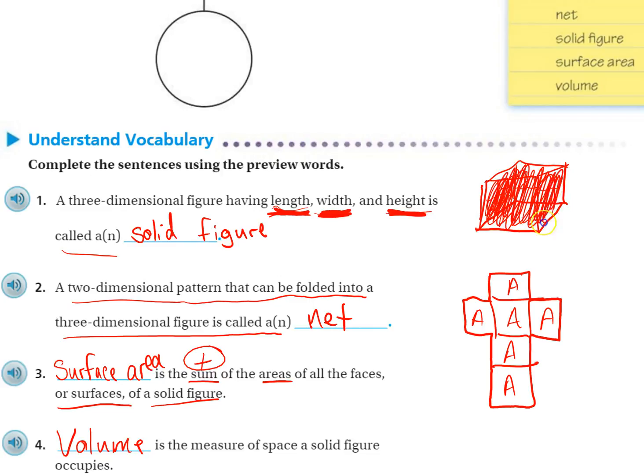That would be the volume. Okay. Well, kind of got our little faucet. And it is pouring in water, filling up our cube, and that would be the volume.